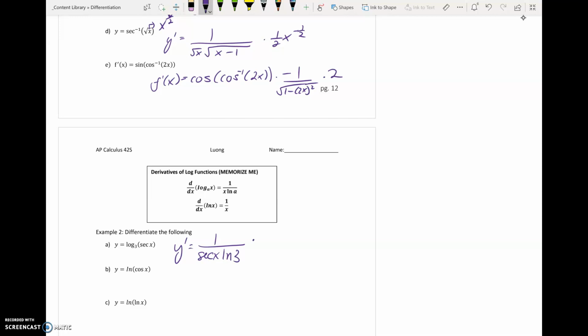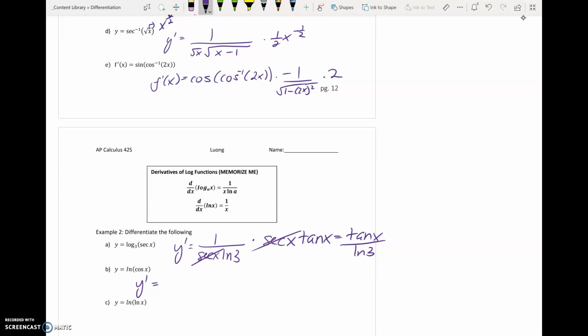Now we're going to take the derivative of the inside function, which is secant x. The derivative of secant x is secant x tan x. And you can easily simplify this because your secant x is going to cancel out top and bottom. We're left with tan x over ln 3. For the next one, for b, the derivative of ln x is 1 over x.